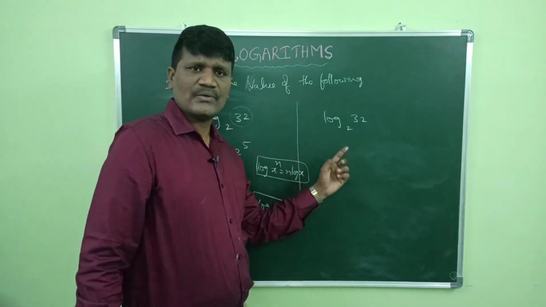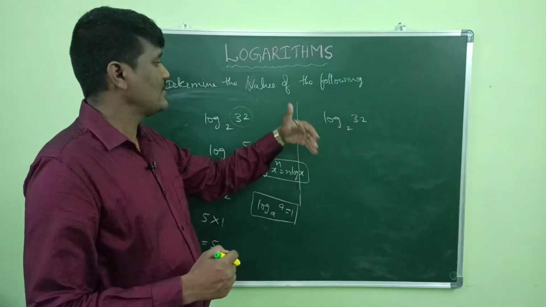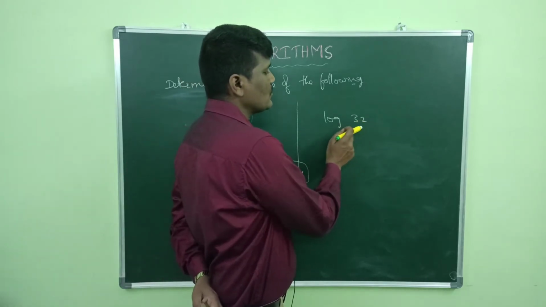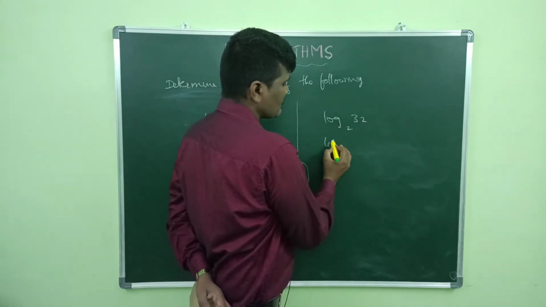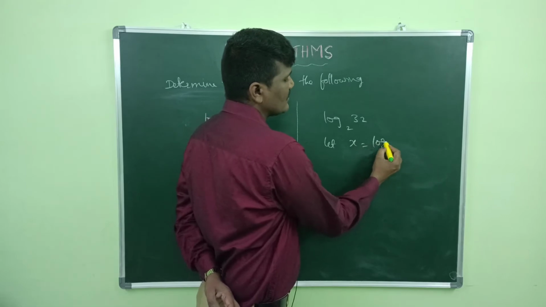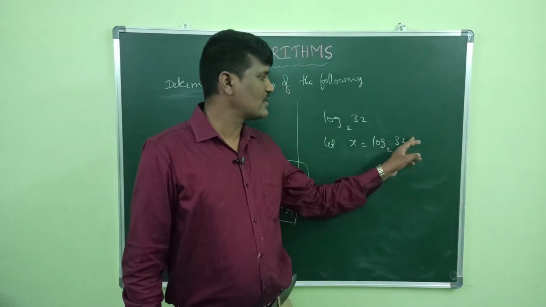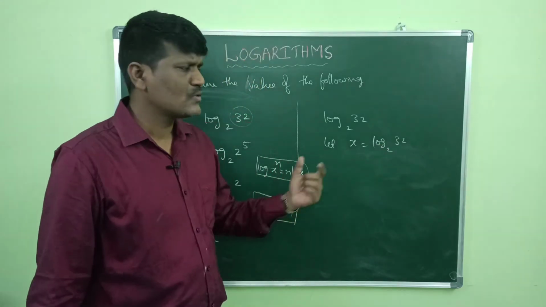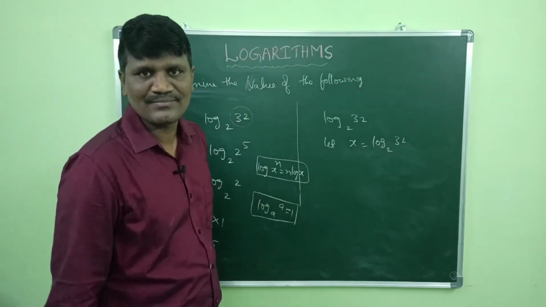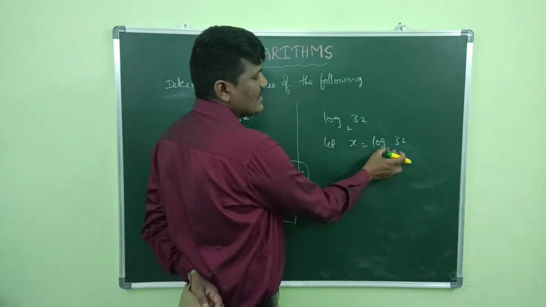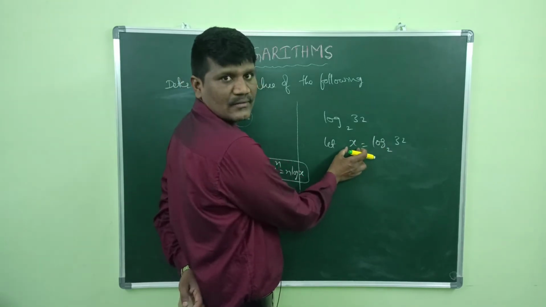This value I can even find using the exponential form. Just observe here: let x be equal to log 32 to the base 2. I can convert this into exponential form. The base of the log becomes the base of the power to x.